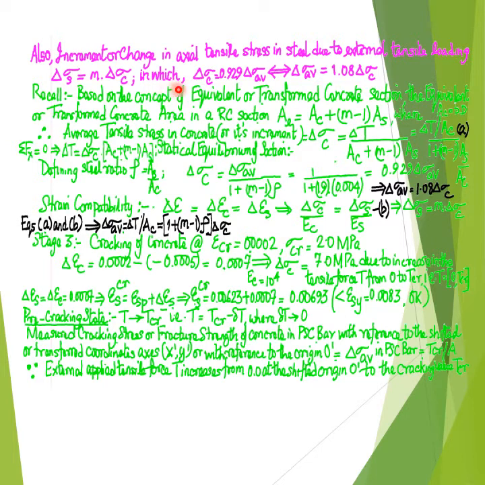And as one can note from these final equations expressing the relationships, the increment or the change in the axial tensile stress in the pre-stressing steel denoted as delta sigma subscript s, where the prefix delta signifies the increment or the change, while the notation sigma, as usual, represents the axial or normal stress.